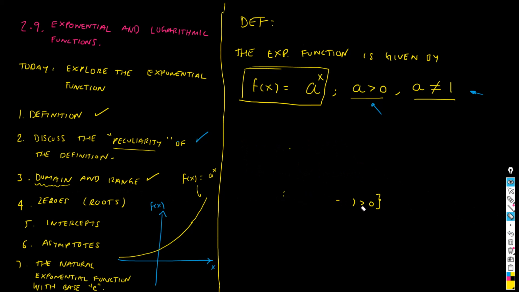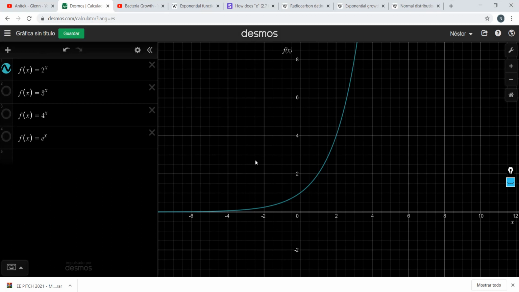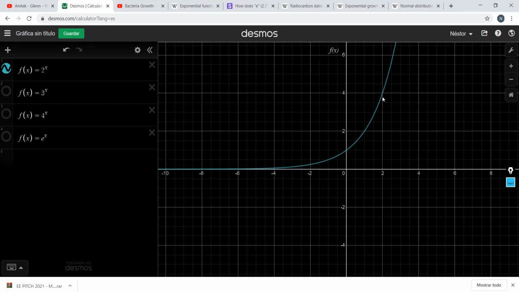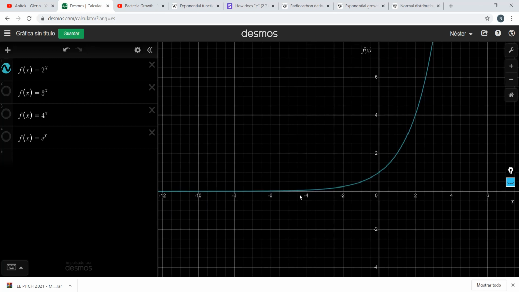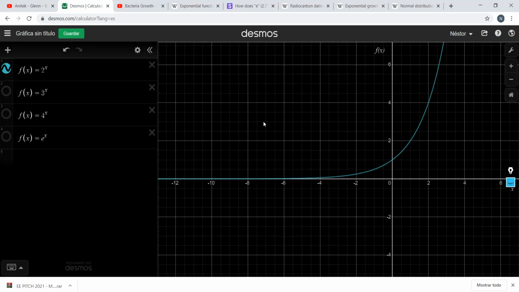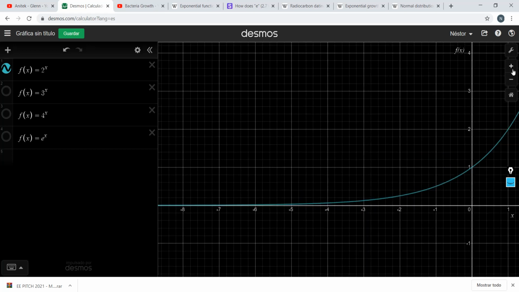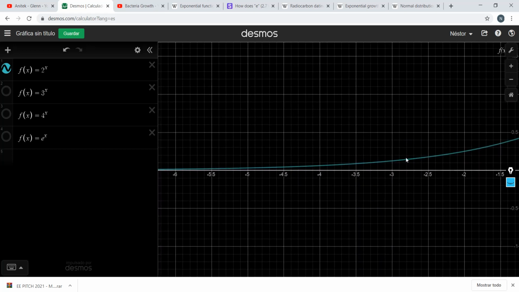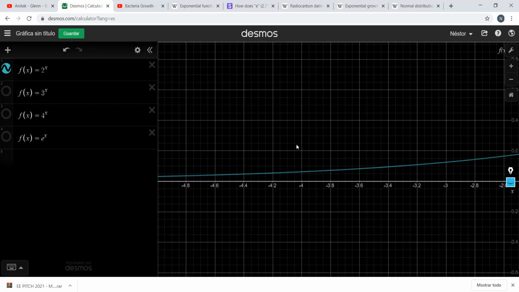Now let's go to the zeros, or the roots of the function. Just by looking at the graph, you can see that this function has no zeros. Why? Because the graph of the function never actually touches the x-axis. Like I said a moment ago, the graph only approaches the x-axis, but never really touches it.